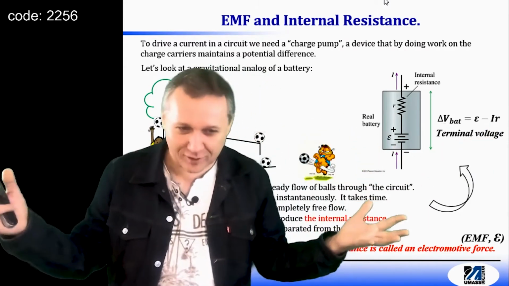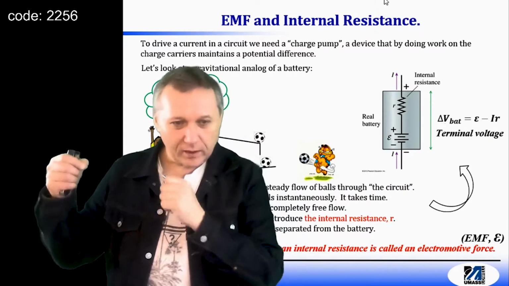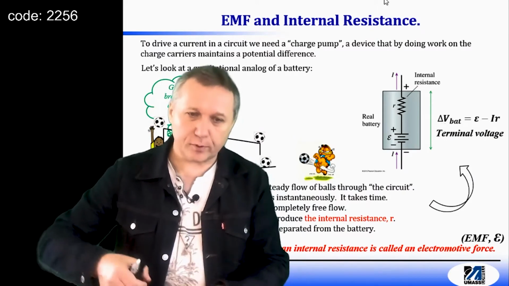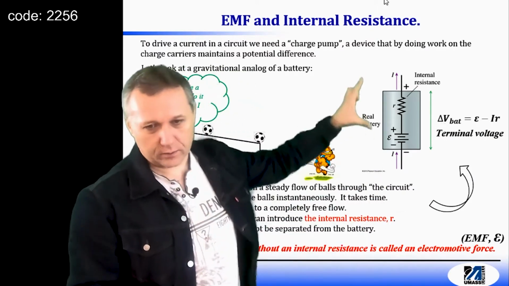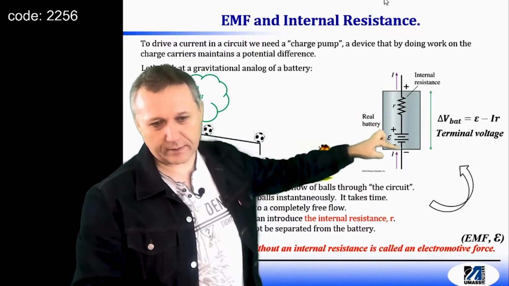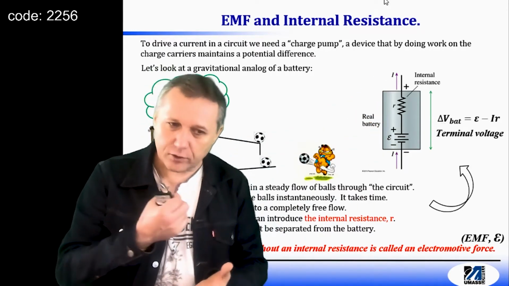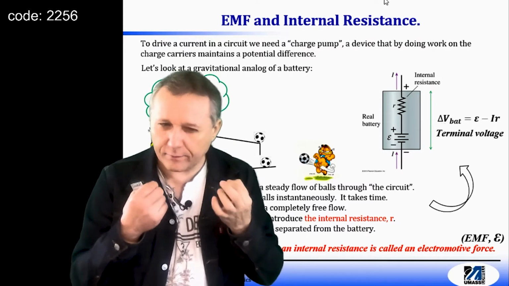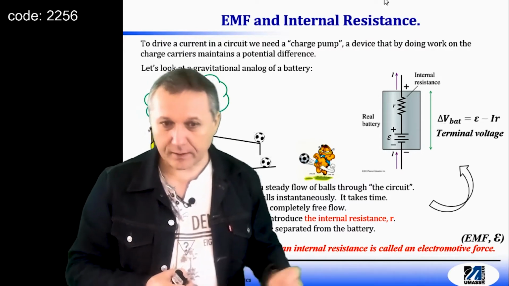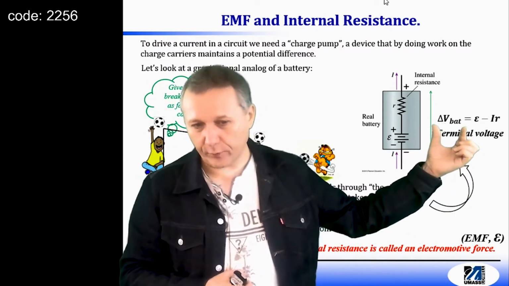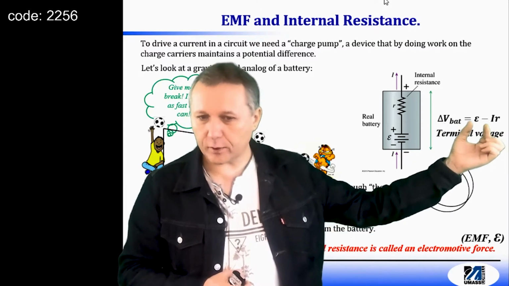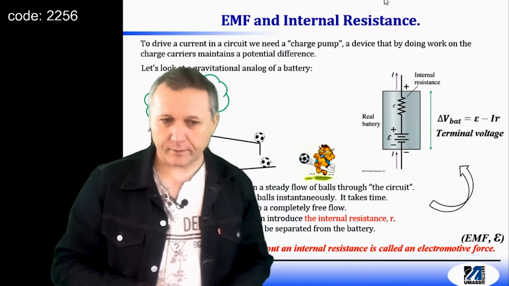Basically it will disappear. But of course, if you take a voltmeter with a proper option and connect to this end and that end, that voltmeter will still draw a small current, but it will be a very, very small current. And as a result, your terminal voltage will be very, very close to the value of EMF.